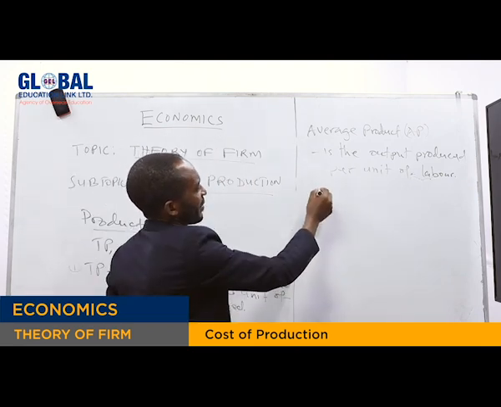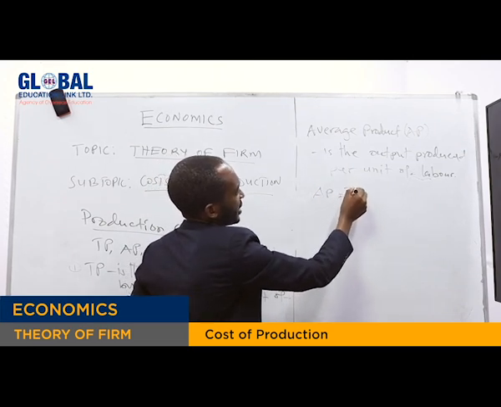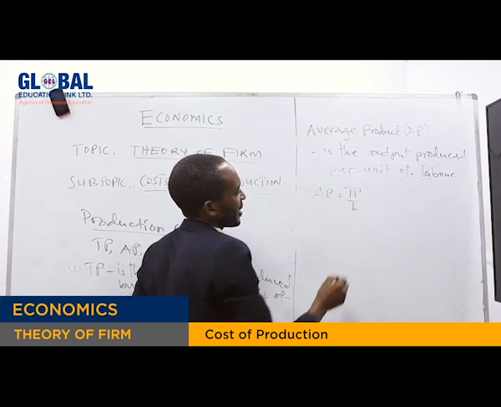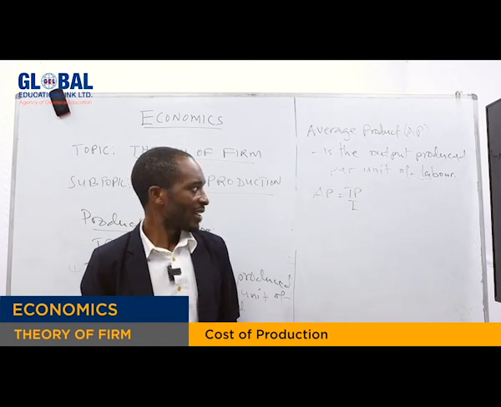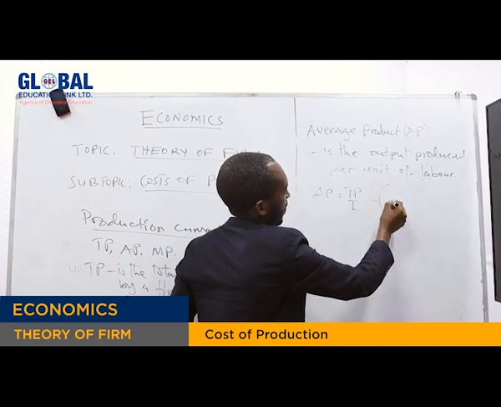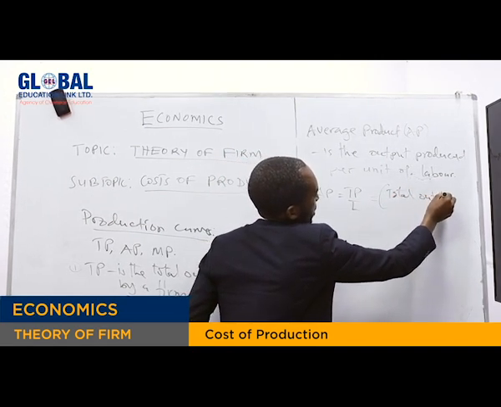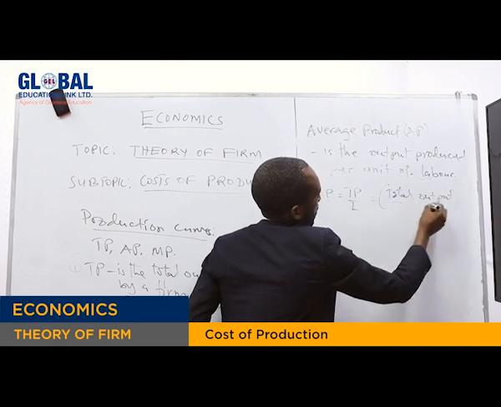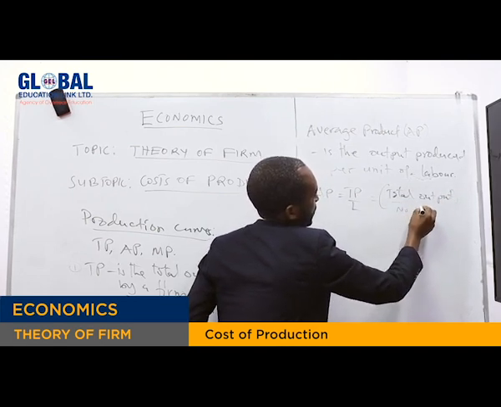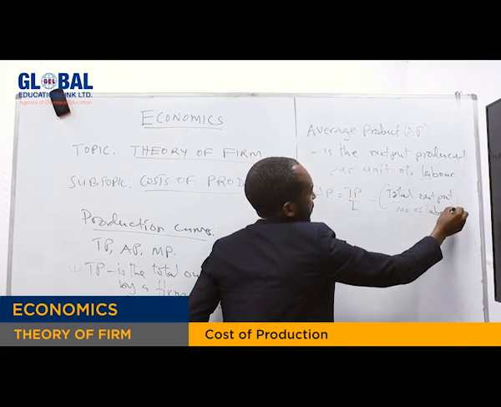So the average product will be equal to total product divided by number of labor. So this is the same as total output over number of labor.